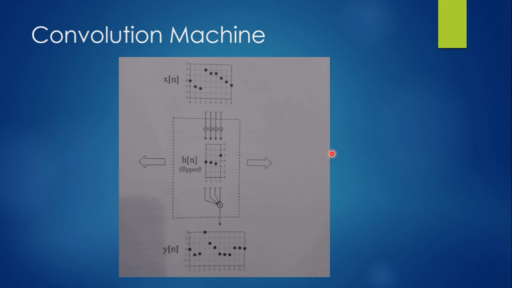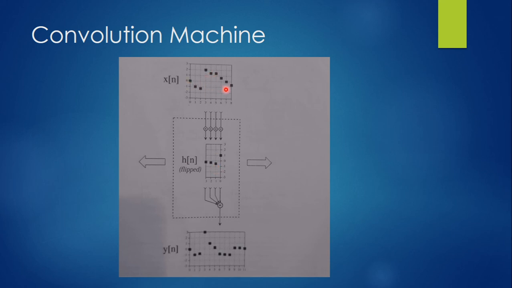So this is your convolution machine. You have HK, flip it around the 0th, fold it. You give Xn, multiply these corresponding samples, and do the summation. You will get 1 point. Then you shift this towards right or left.